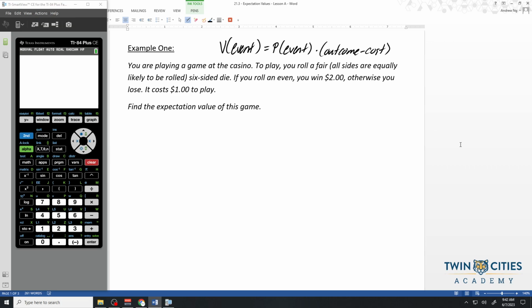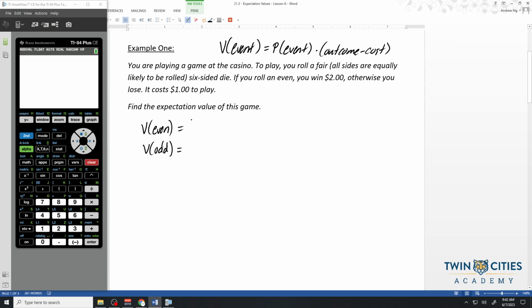So what I need to do is find the value of rolling an even, and I need to find the value of rolling an odd. So the value of rolling an even would be the probability of rolling an even.